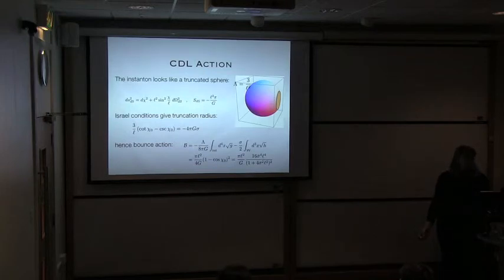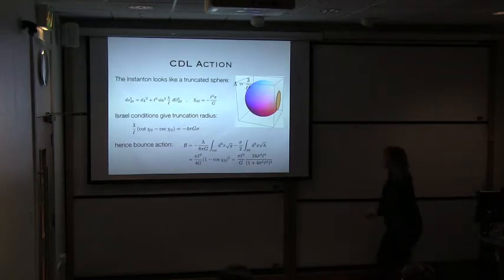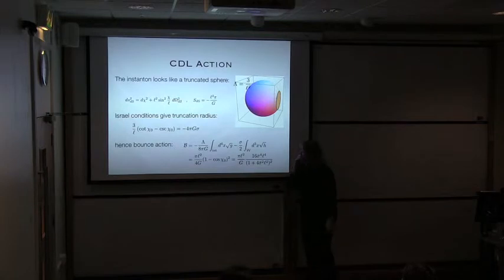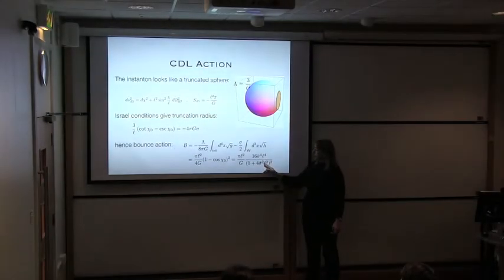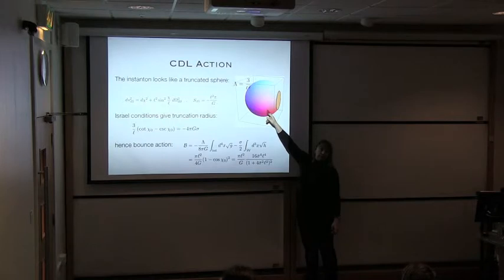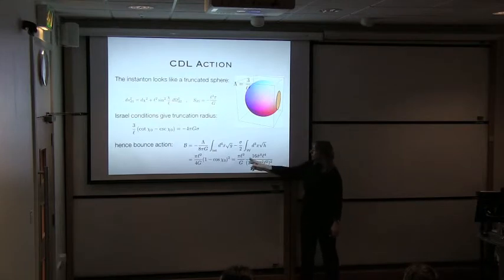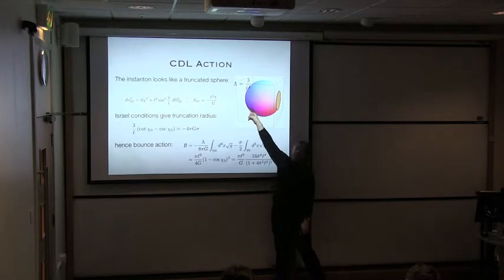Does it recover the flat space? Yes, so as G goes to 0, first of all, this bit has got a G in it, so that'll go. And then you've got a G up here, but these L's, L is related to lambda. Lambda is 8 pi G epsilon, okay? So you can see that here you've got an L to the 6 on the top. L to the 6 is 1 over lambda cubed.